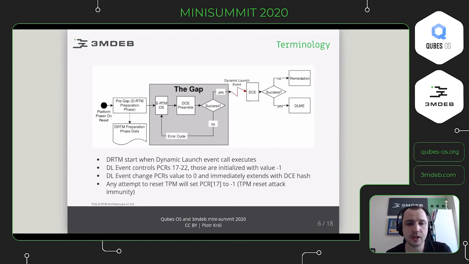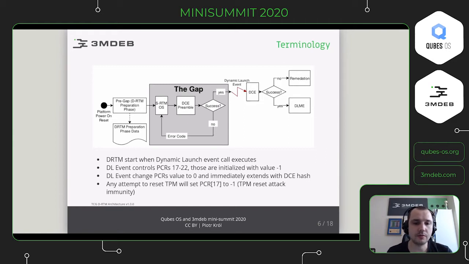Those PCRs are initialized with -1 right before the DL event places the measurement in the PCRs. It resets those PCRs to 0, and then immediately extends them with the hash of the D-RTM configuration environment.